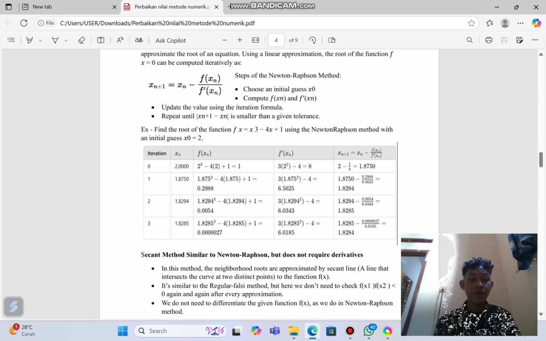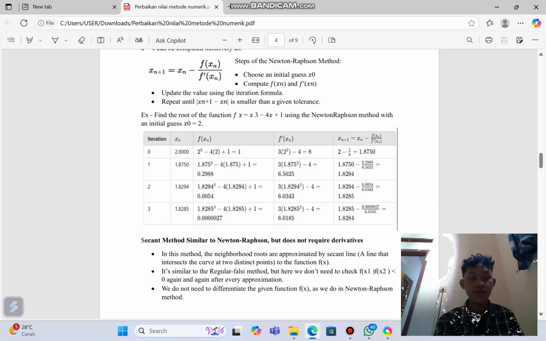And third, we have to update the value using the iteration formula. And we have to repeat it until the absolute value of x_{n+1} minus x_n is smaller than a given tolerance.